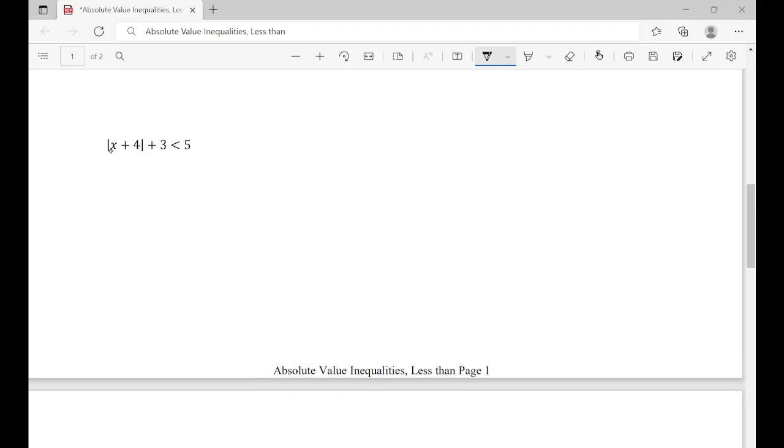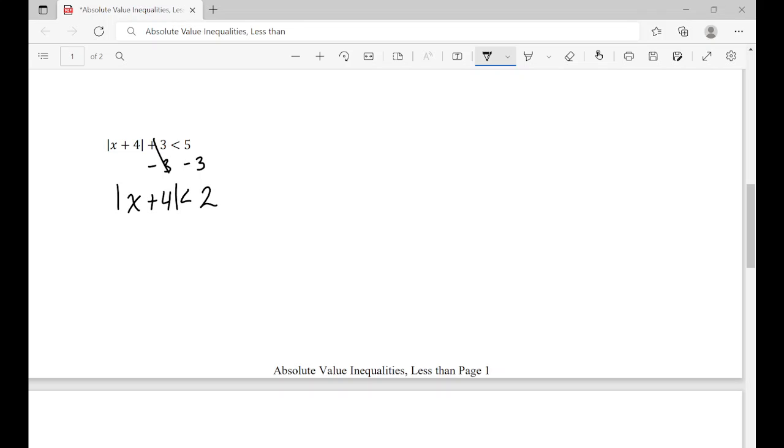Next, absolute value of x plus 4, plus 3, is less than 5. I want to get the absolute value part by itself, so I'm going to subtract 3 over first. So I'm going to get absolute value of x plus 4 is less than 2.